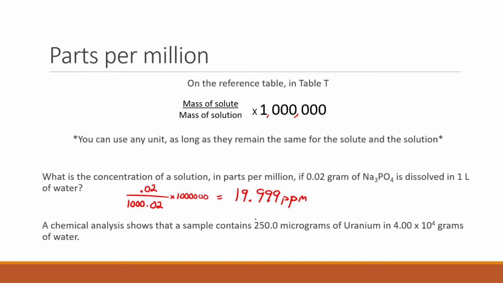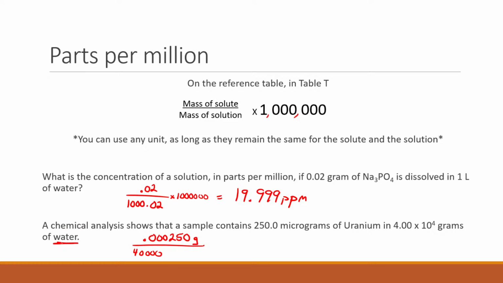Here we have 250 micrograms, so we don't have the same unit, so we must convert so that these are the same unit. 250 micrograms is 0.000250 gram, because a micro is 10 to the negative 6. So you have to move the decimal 6 places to convert from micrograms to grams. Divided by 4 times 10 to the 4th, it's 40,000 grams of water.